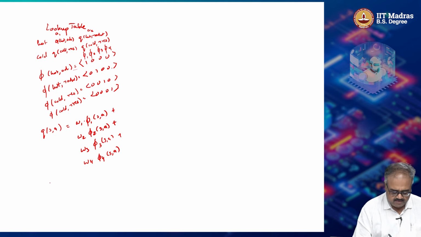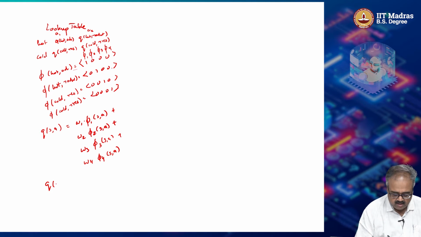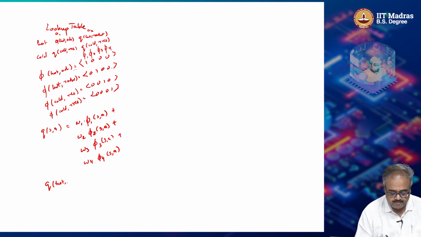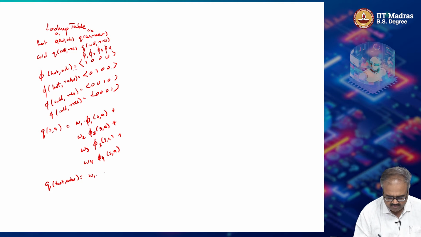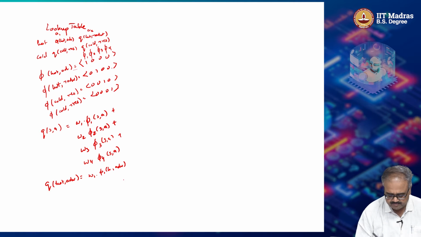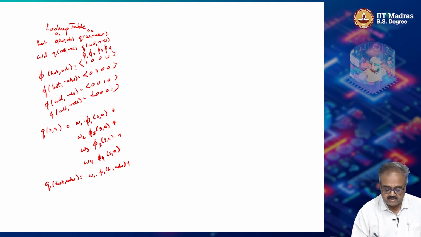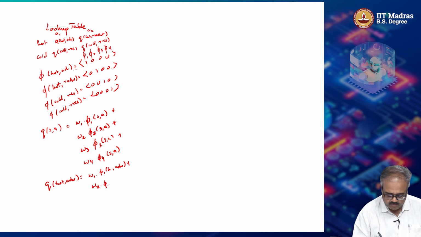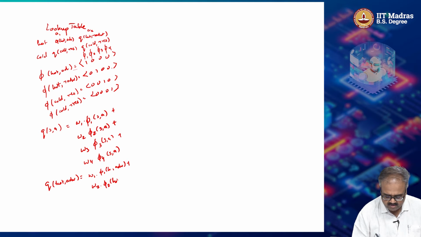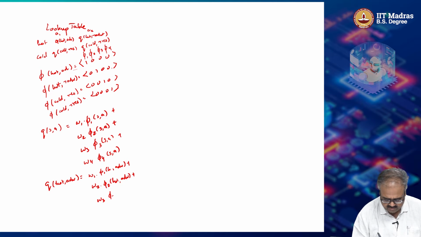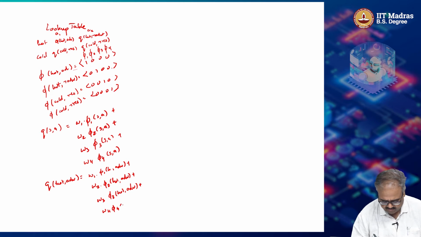So, let us look at what will be Q of hot comma advertise. Q of hot comma advertise will be W1 times phi 1 of hot comma advertise, plus W2 into phi 2 of hot comma advertise, plus W3 phi 3, plus W4 phi 4.